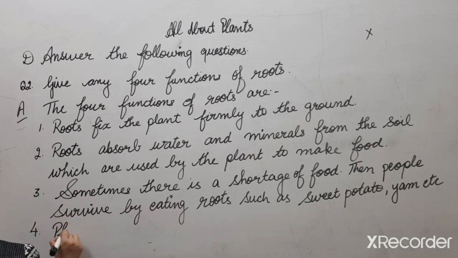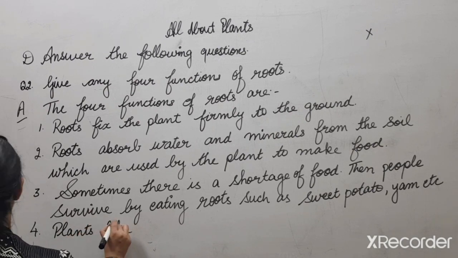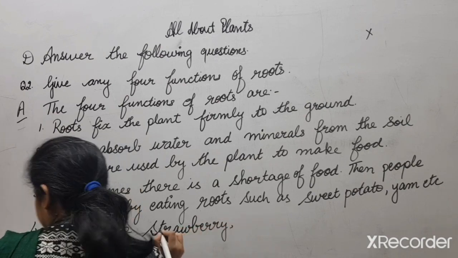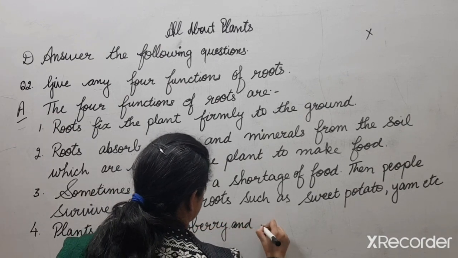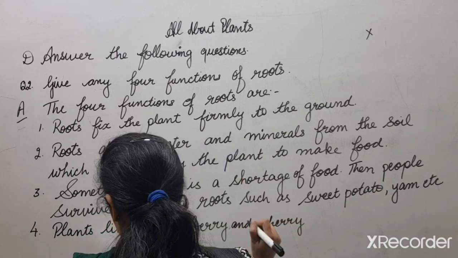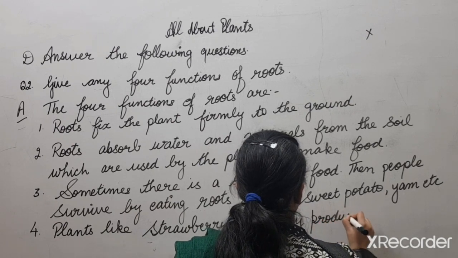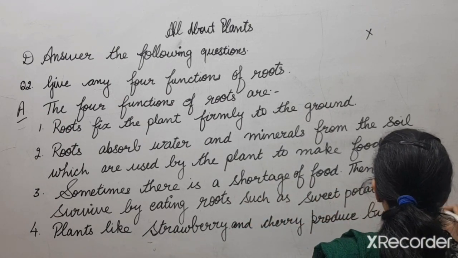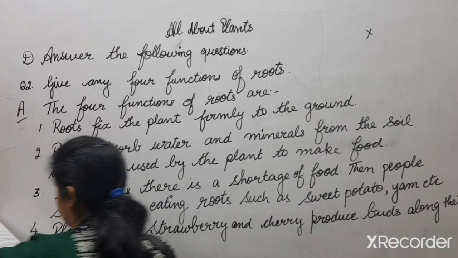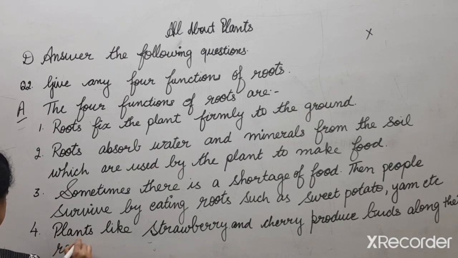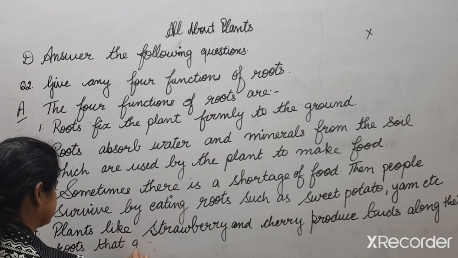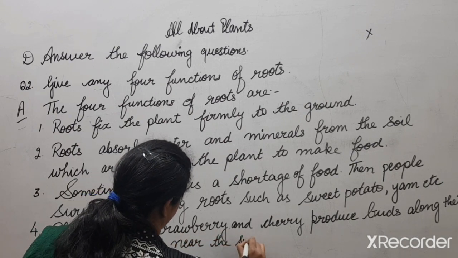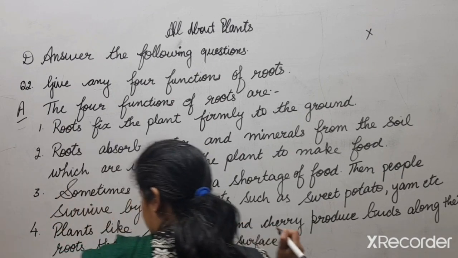Last one, plants like strawberry and cherry produce buds along their roots that grow near the surface of the ground.